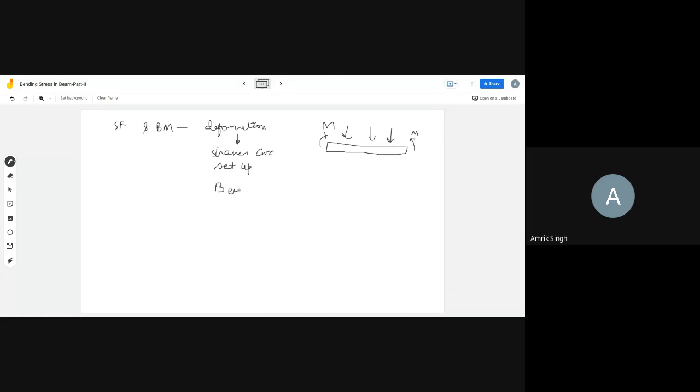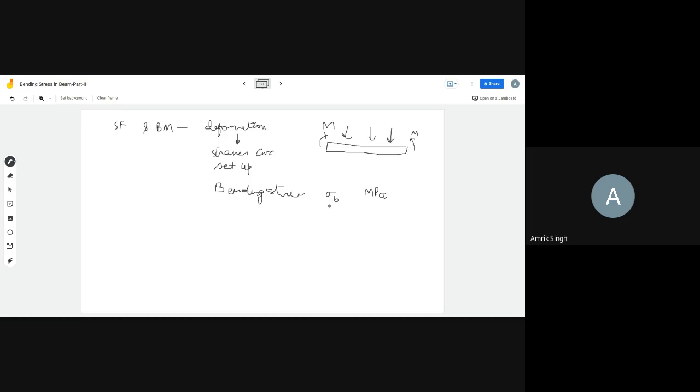These stresses are denoted by sigma B, and the unit is megapascal or pascal.